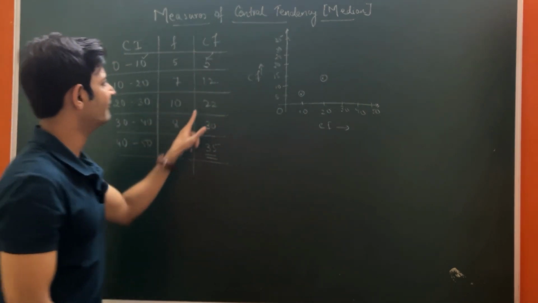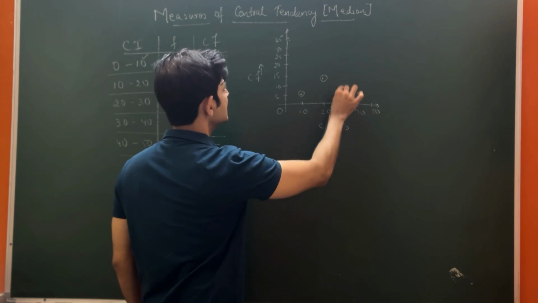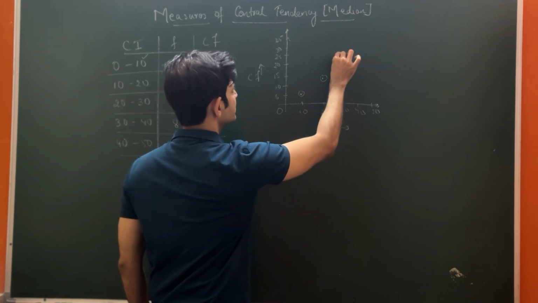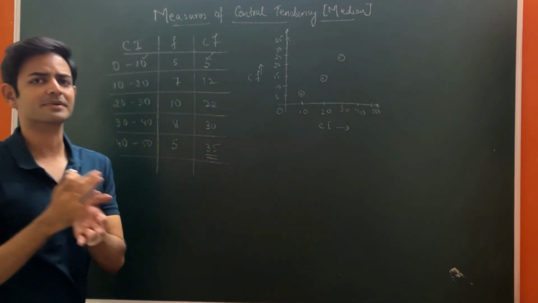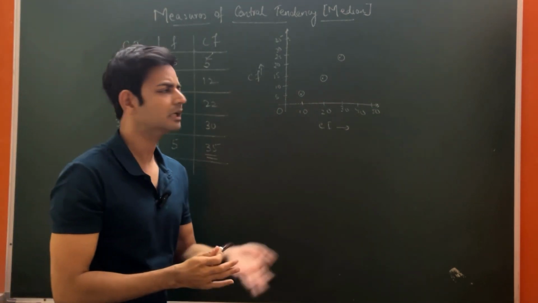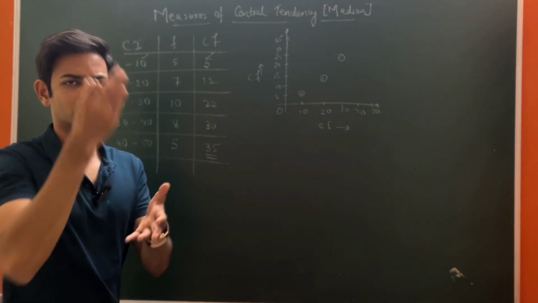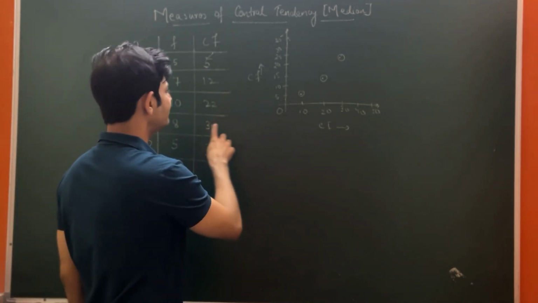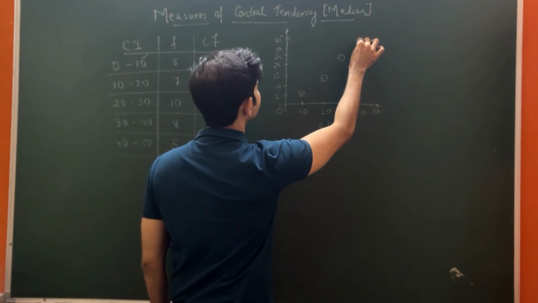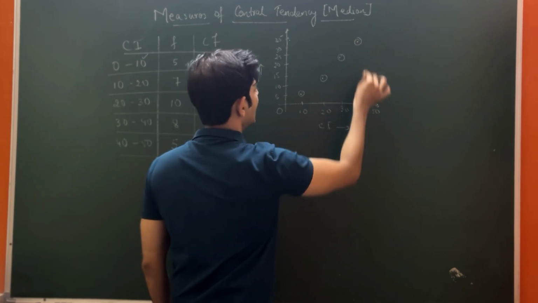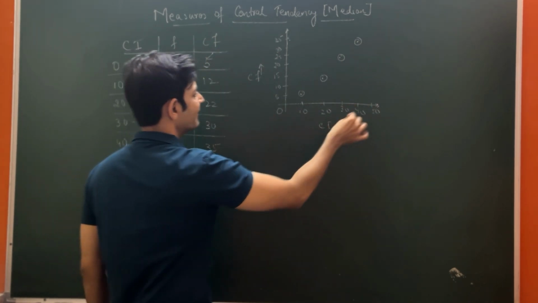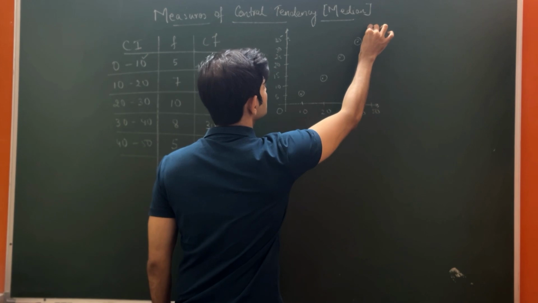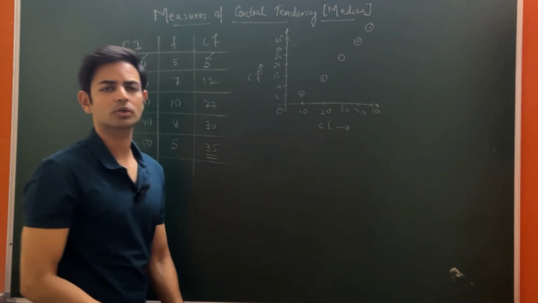At 30 we have 22, should be somewhere here. My graph is not as per scale, so I might get an approximate answer. But when you draw with the help of a graph, you will get the perfect answer. At 40 we have 30 and at 50 we have 35. So that's how the points would look like.